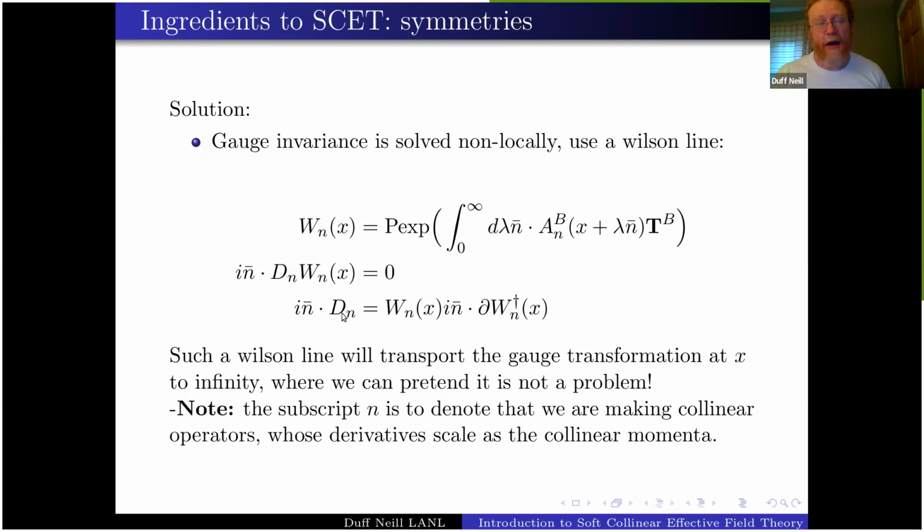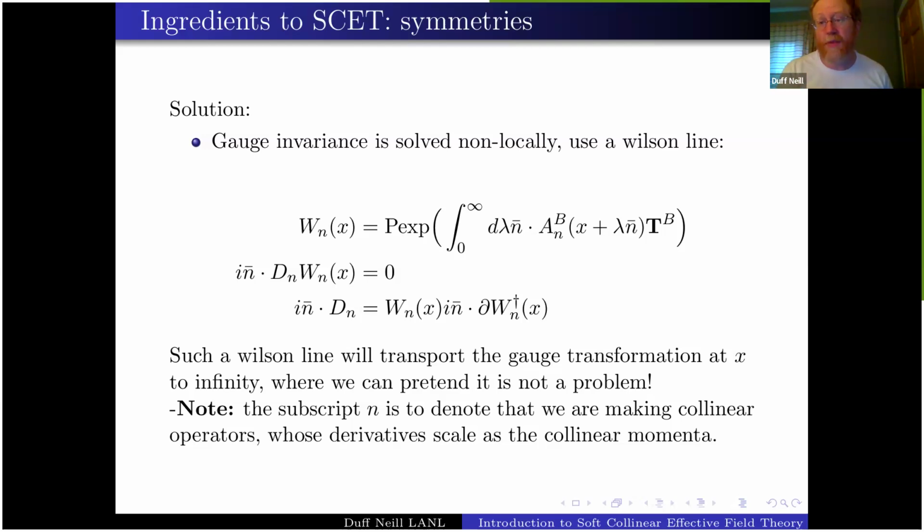In other words, I can always take my covariant derivative in the n-bar direction and use my Wilson lines to pull out the gauge field, and I'll be left with a normal derivative, a derivative with no gauge transformation properties. The way to think about that is that what my Wilson line is going to do for me is that it will transport my gauge transformation that's happening at point X to infinity. And once my gauge transformation is at infinity, then I can pretend that it's not a problem for me anymore.